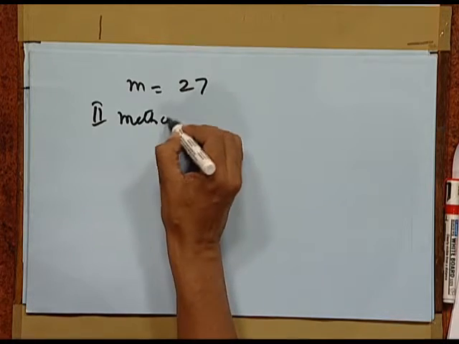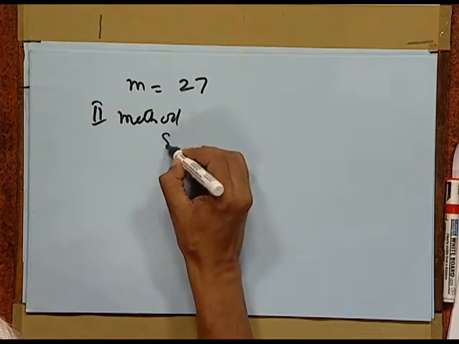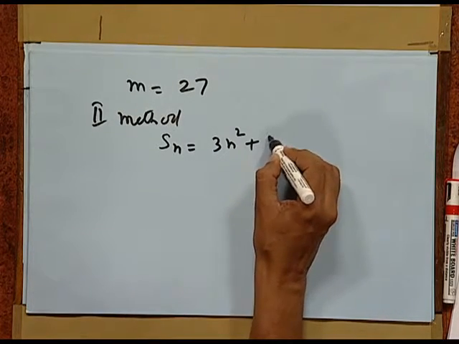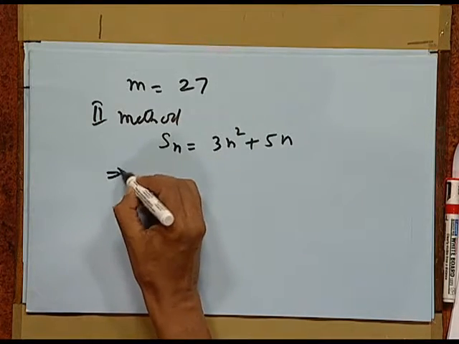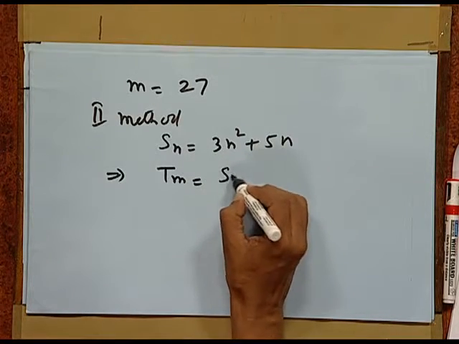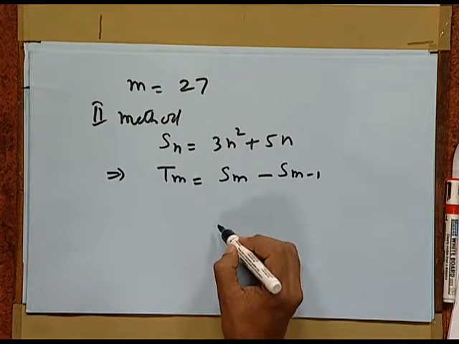Now the same problem can be done in one more way without finding A and D. We have Sn is equal to 3n square plus 5n. This means that Tm is Sm minus S(m minus 1).